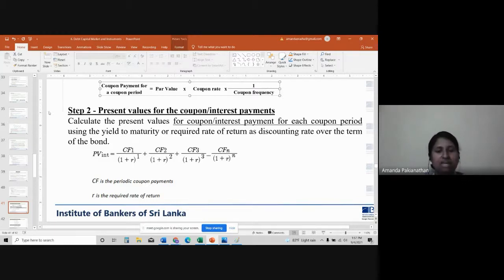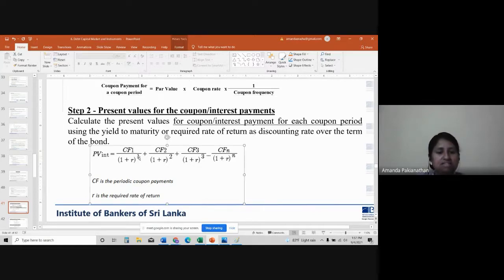Now remember, if this period is monthly, I need to adjust my required rate of return also to a monthly rate of return. The period has to be similar or it should be in line. So when you divide that by the required rate of return, can you just leave it as it is? No, you have to factor in the timing.